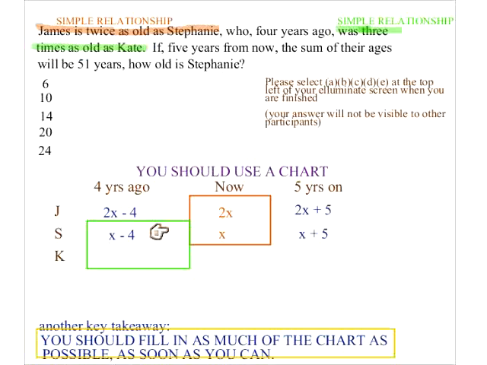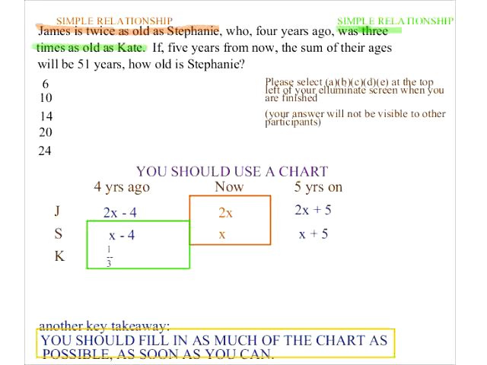And go ahead and indicate, please. Okay, yeah, you've got a simple relationship where Kate was 1/3 of Stephanie's age because of the way this works. So if Stephanie is X minus 4, then Kate is exactly 1/3 of that quantity, and so that would be 1/3 X.